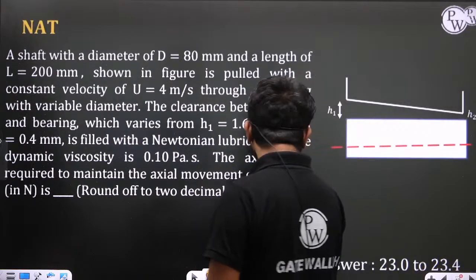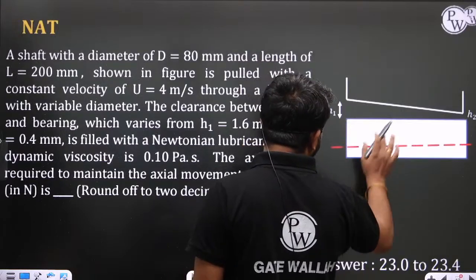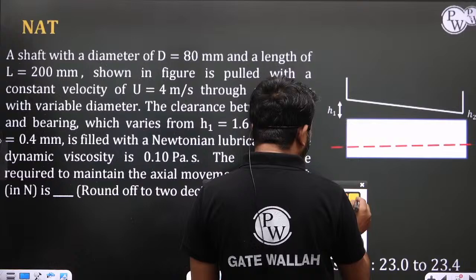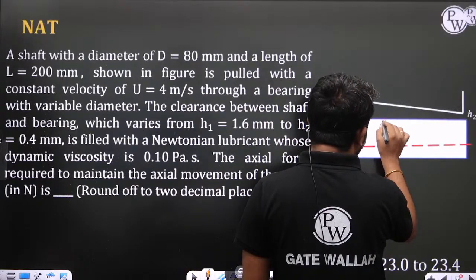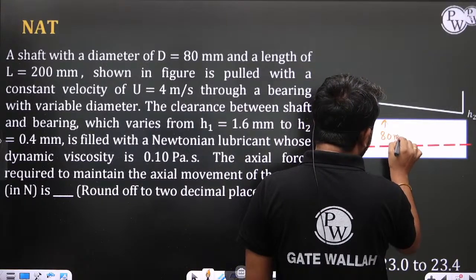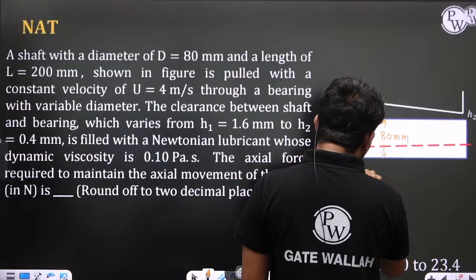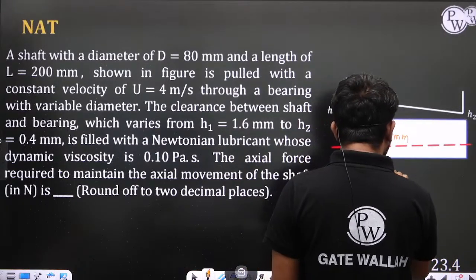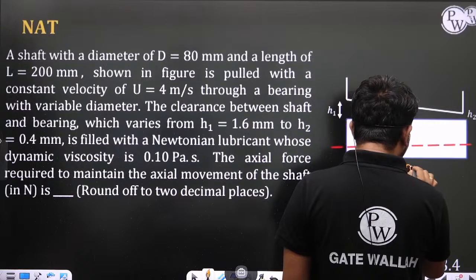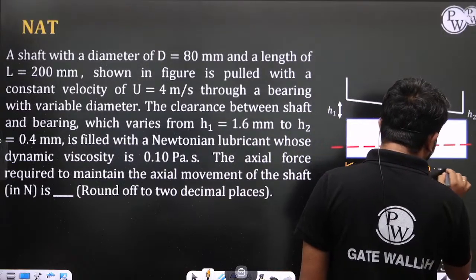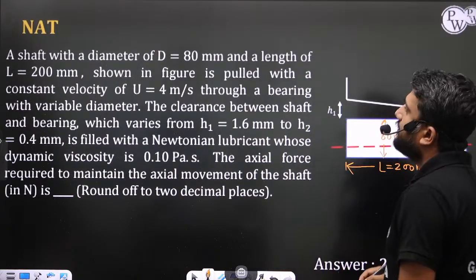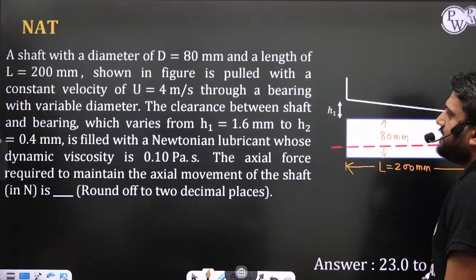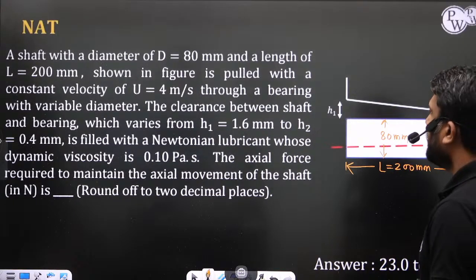So beta, this is the shaft, and the diameter of the shaft is mentioned as 80 millimeter, and the length of the shaft is 200 millimeter. This shaft is moving with a velocity of 4 meter per second.